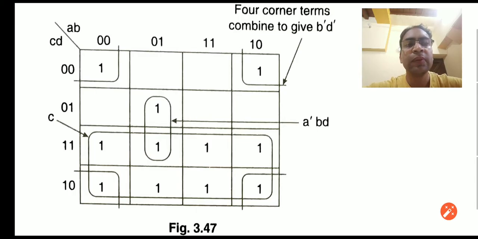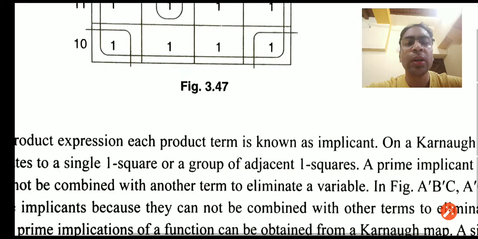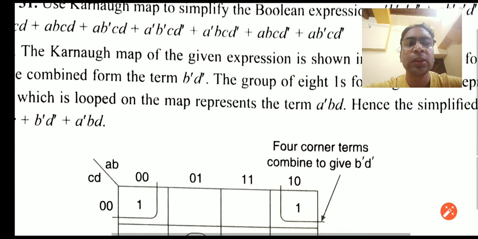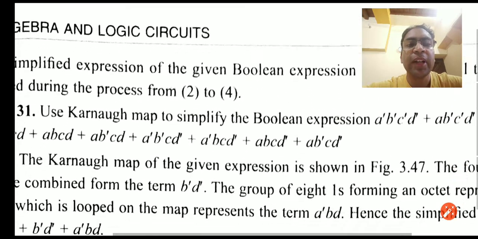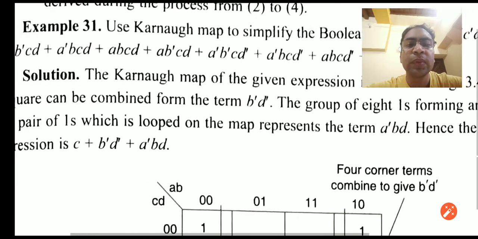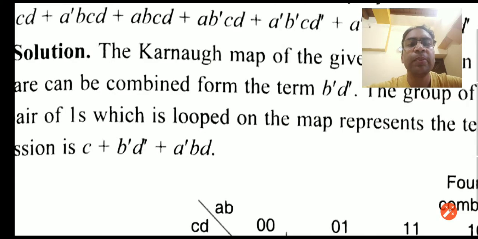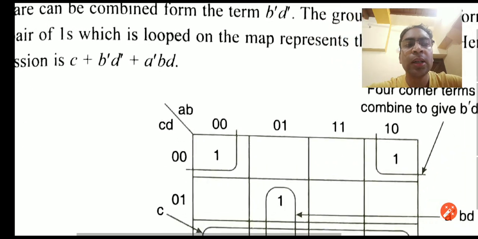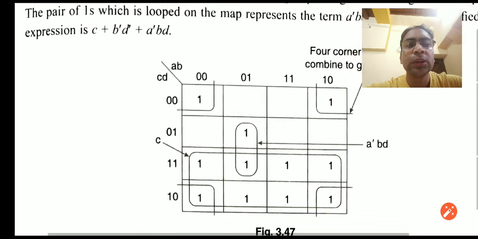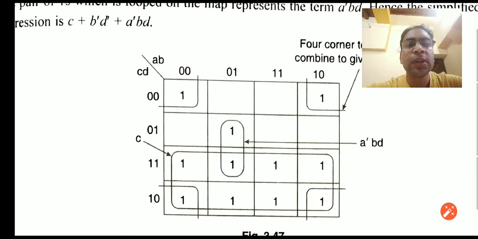Now we can simply write the expression for this K-map. The simplified expression is B C plus B dash D dash plus A dash B D. Let's talk about this simplification.